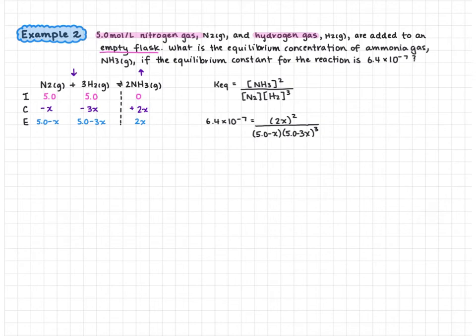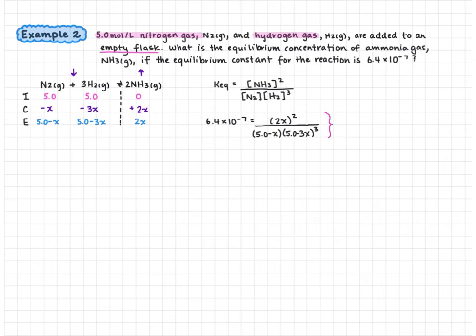This is challenging to solve for. So if we look at this equation here, we're going to end up with a power of 4 on x at the bottom. That is not something that we can easily solve just by taking the square root. So we're going to employ a little trick, and that trick is using an approximation.